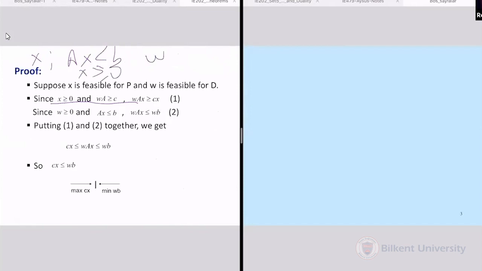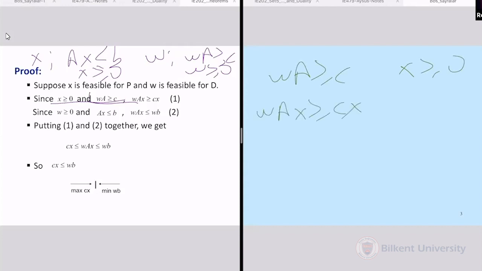And my feasible W satisfies WA greater than or equal to C and W non-negative. Now, this is what I'm doing. I know that WA is greater than or equal to C. I also know that X is positive. So I'm multiplying everything on the right-hand side with X. So WAX is greater than or equal to CX.